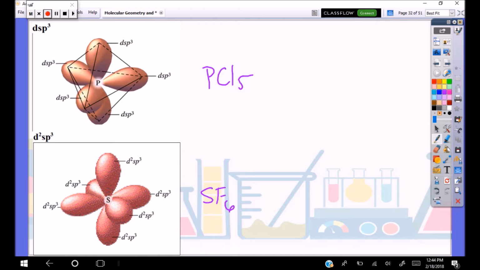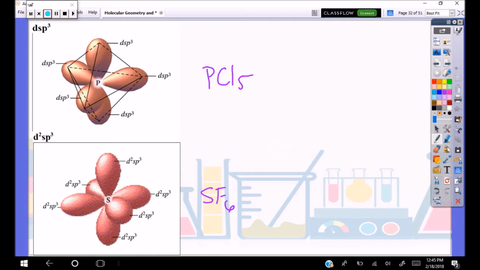We know that those are really electronegative atoms, and they pull electron density away from phosphorus and sulfur. The reason we're able to form additional bonds, in addition to the lack of electron density, is the fact that phosphorus and sulfur can hybridize to form dsp3 orbitals and d2sp3 orbitals.